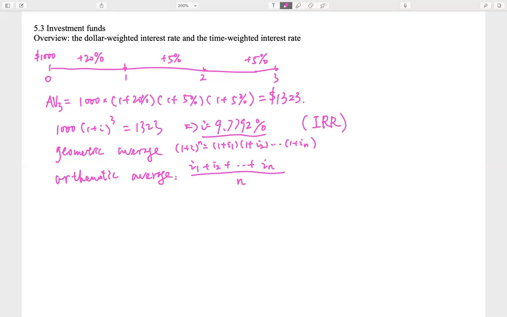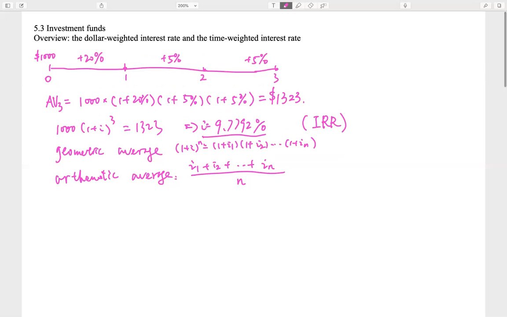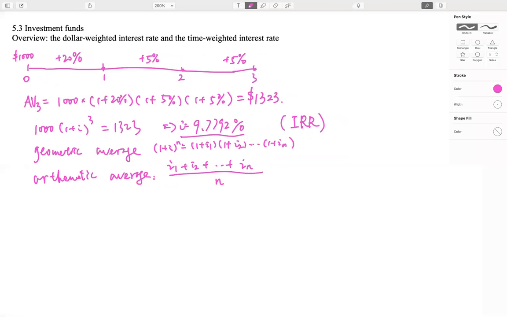Now let's look at something more complicated. So we still have pretty much the same thing, but let me get a different color to demonstrate what would be the new changes. So now assume that by the end of year 1, there is an additional contribution of $5,000.